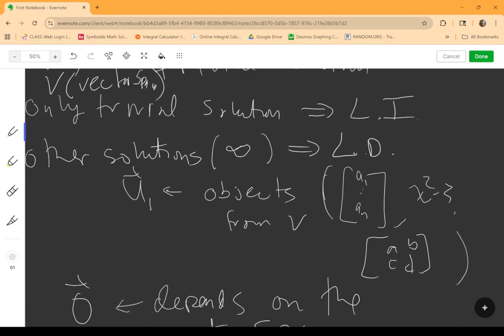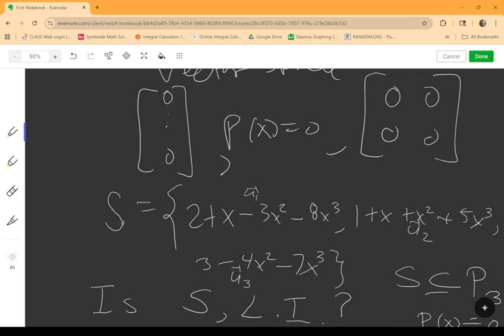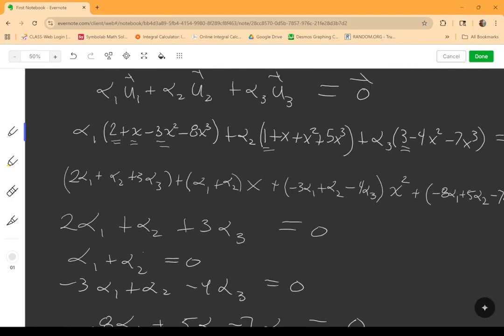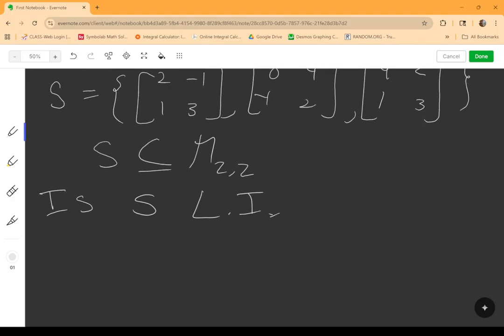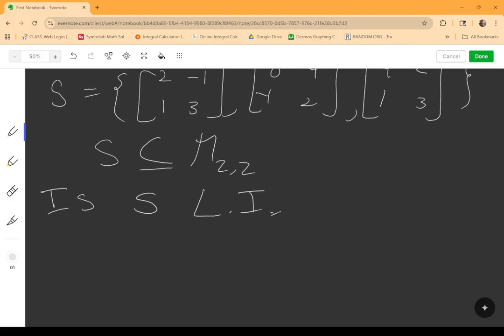How I define the scalar multiplication and the vector addition depends on what vector space I'm in, but the formulas themselves are unchanged. Now this is my vector. So we could say, is S linearly independent? Well, let me find out.